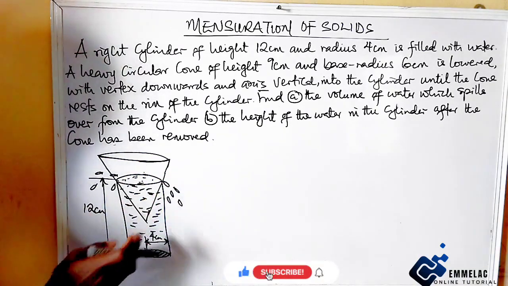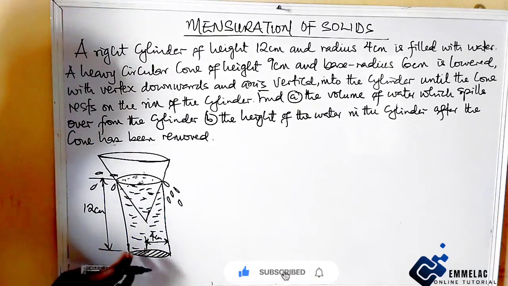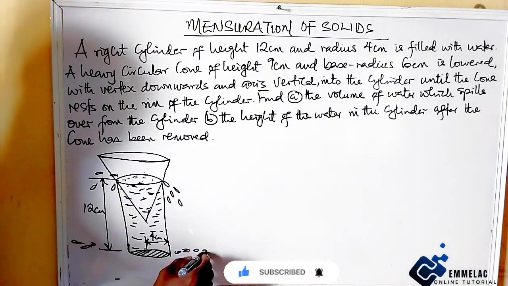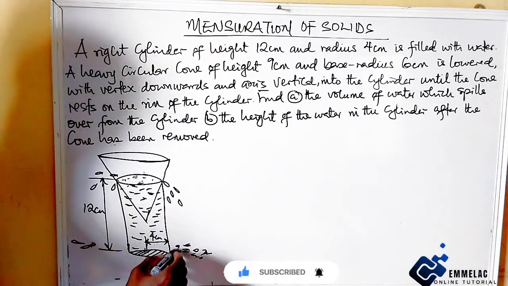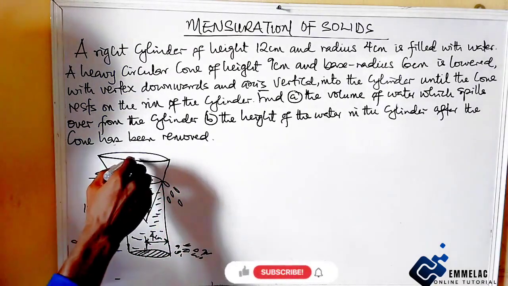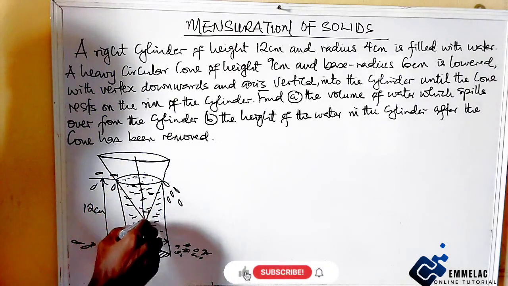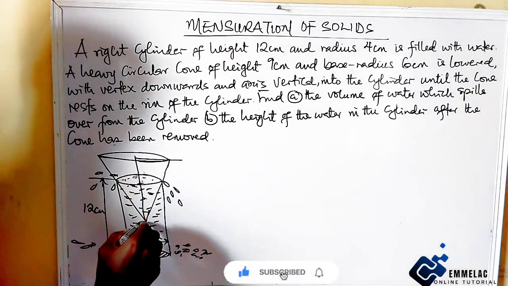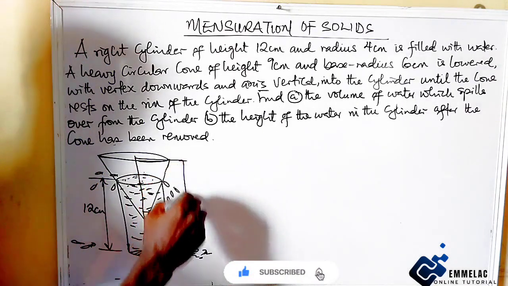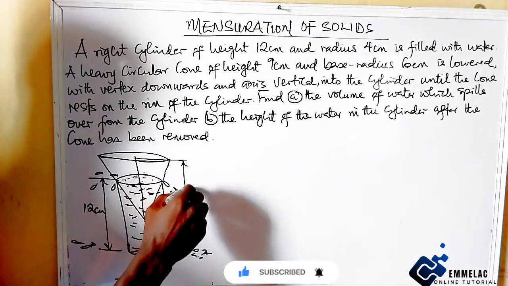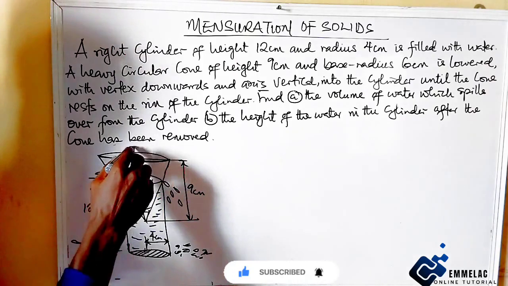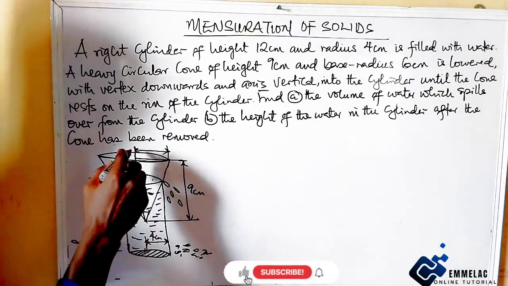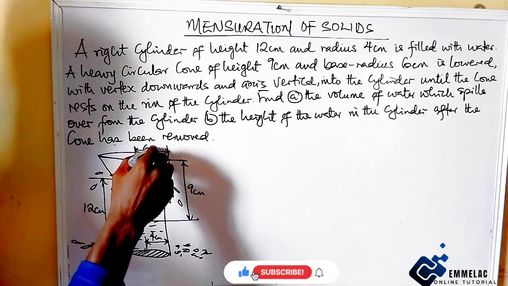Now the question is the volume of this spill, which is what we need to calculate. Alright, and take note, from here to here is 9 centimeter. And the base radius of the cone is 6 centimeter.